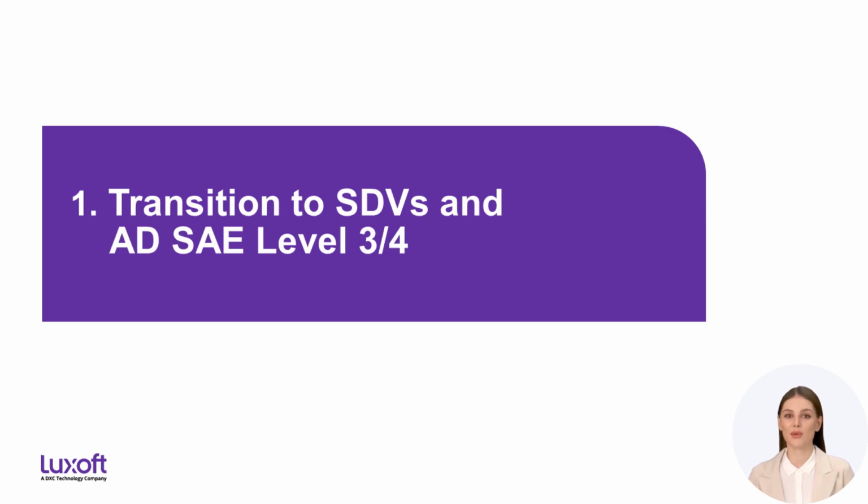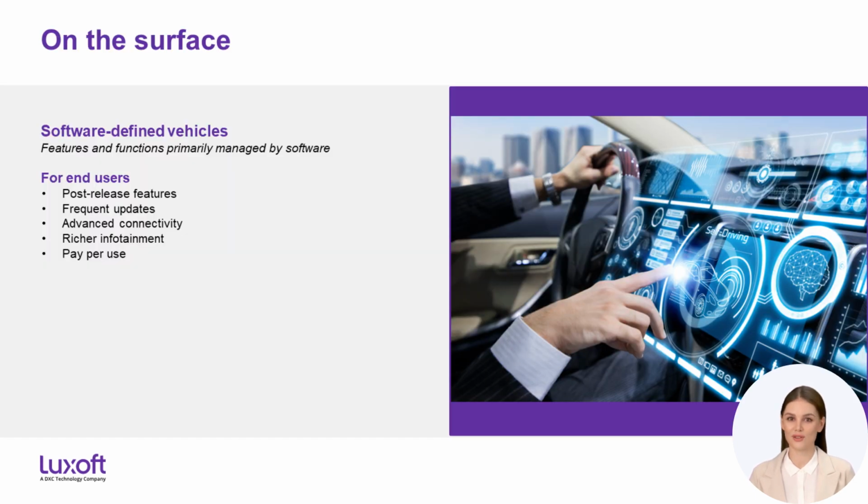Let's first look at the publicly visible effects of the transition to software-defined and autonomous vehicles. For clarification, by software-defined vehicles, or SDVs, I mean vehicles whose features and functions are primarily managed by software. For the end users, they bring a range of benefits. I'll mention just the most important ones.